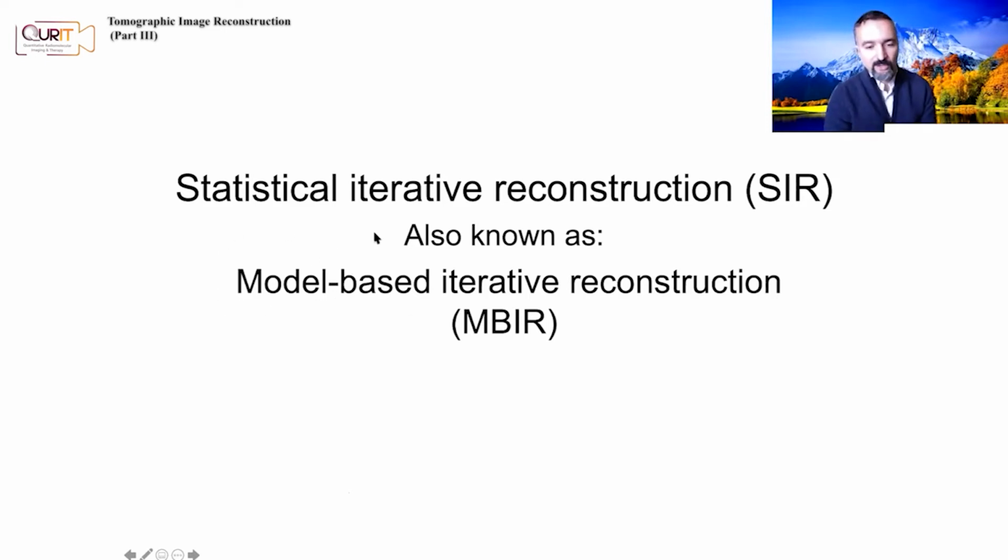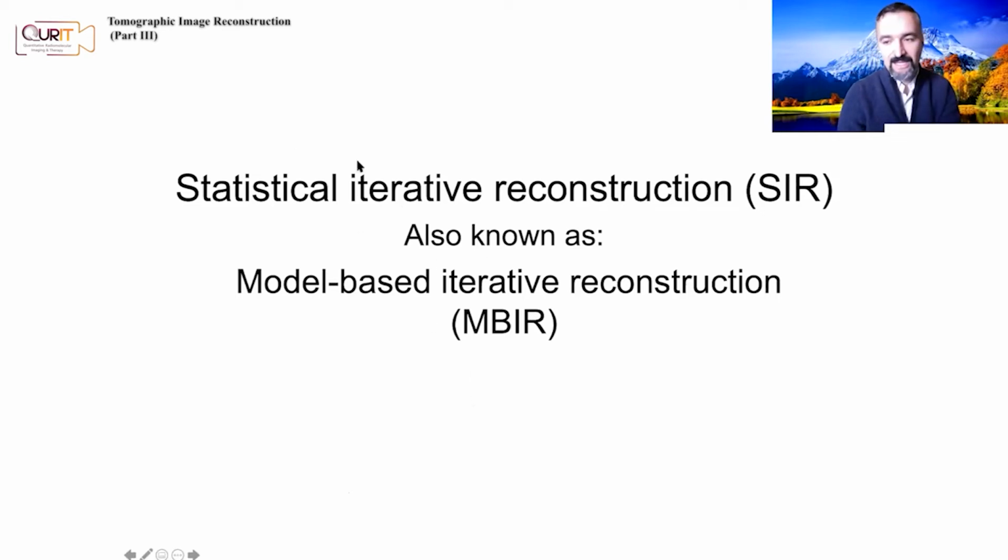So you have a statistical model. And often, because they have been so successful, when people nowadays say iterative reconstruction, they predominantly mean statistical iterative reconstruction. So in the clinic, when we say iterative recon, we are doing statistical iterative recon. Okay, so that's good to remember.